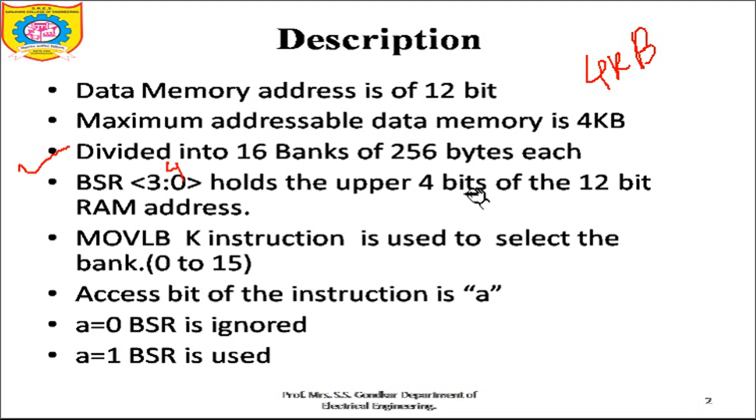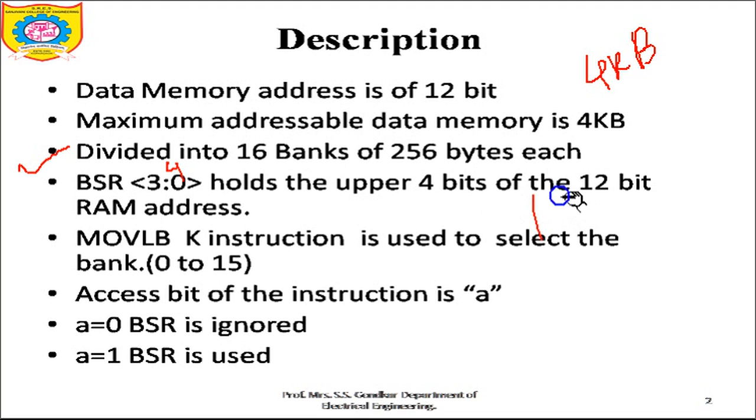The lower 4 bits of BSR are used to select the bank, and the upper 4 bits are basically not implemented. As a 4-bit BSR gives us 16 banks and each is of 256 bytes, we can cover the entire 4 KB of memory. So how is it possible?